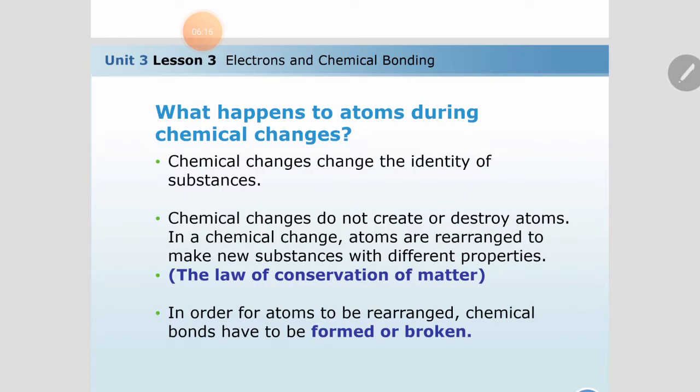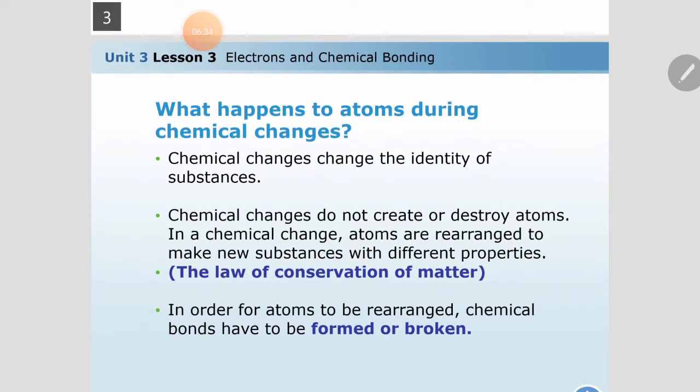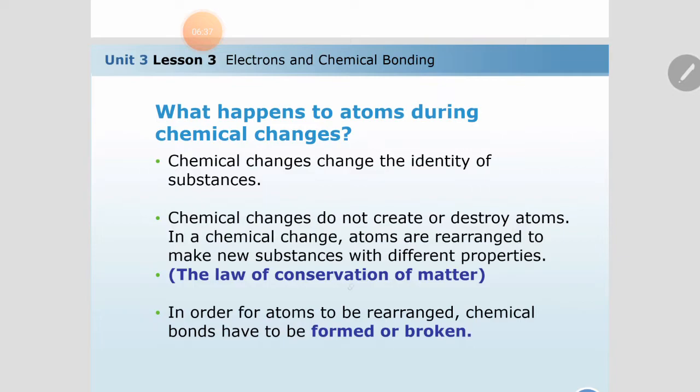Chemical changes don't create or destroy atoms. In a chemical change, atoms are rearranged to make new substances with different properties. This is what we memorize very well, the law of conservation of matter. That said, the chemical change does not create or destroy matter or atoms.